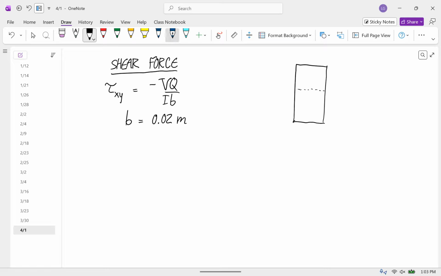Here's the neutral axis. Here's our line of interest. Here's our area A. Here's the centroid of our area A. And this is our distance d.